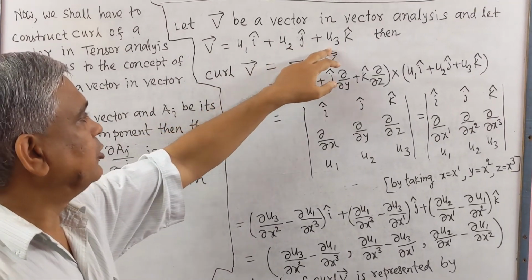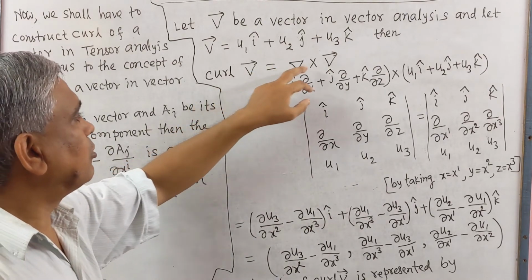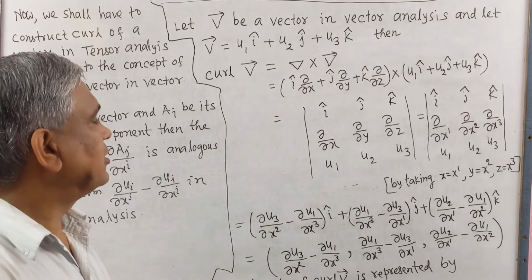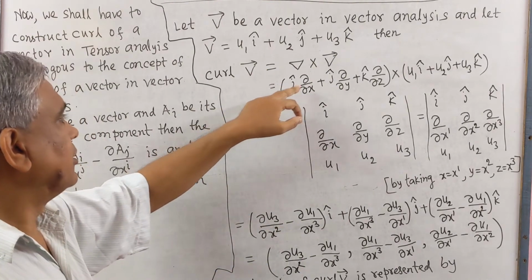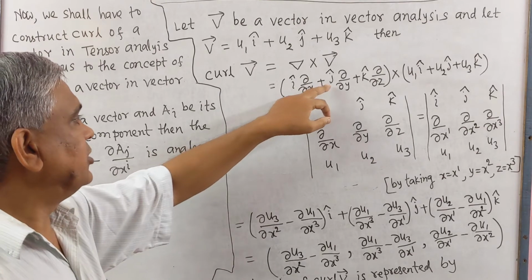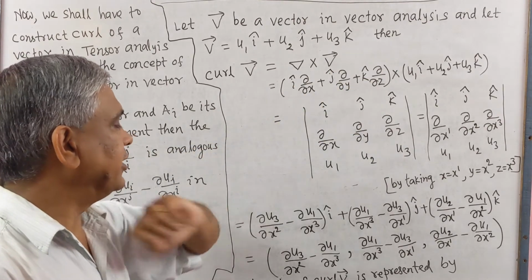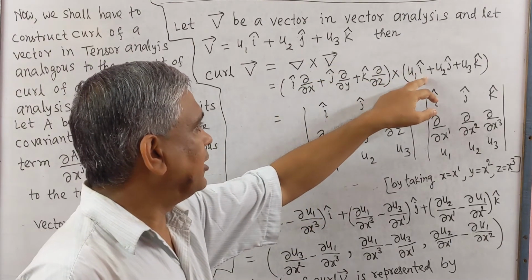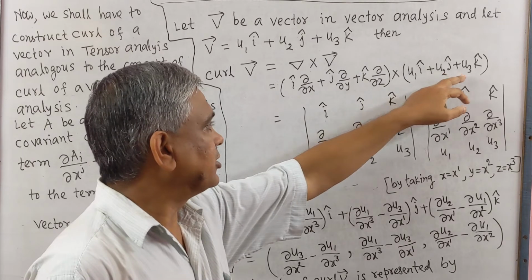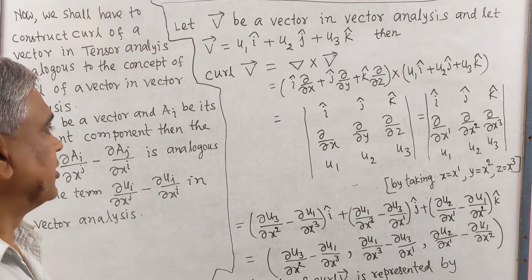u2 j plus u3 k. Then curl V equals nabla cross V in vector analysis. Nabla equals i unit vector del by del x plus j unit vector del by del y plus k unit vector del by del z, cross V equal to u1 i plus u2 j plus u3 k, cross product of two vectors.